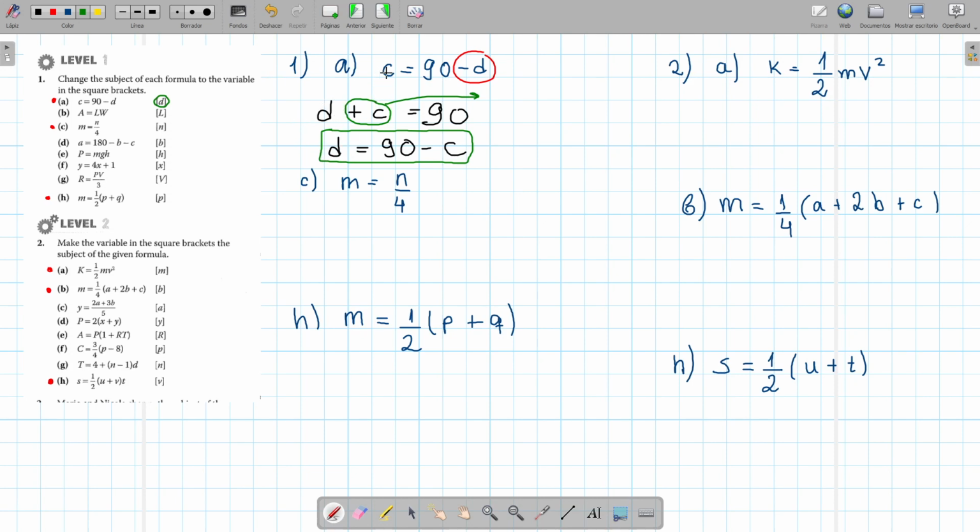When we have a subtraction, a negative number or a negative variable, we always have to send it with the opposite operation, in this case addition, a plus sign. The same happens with division or multiplication. Both are opposite operations.